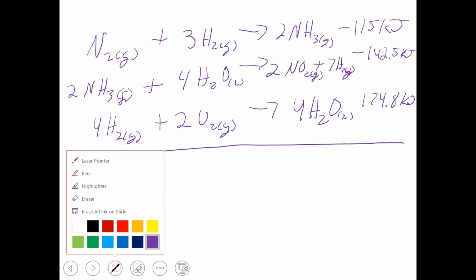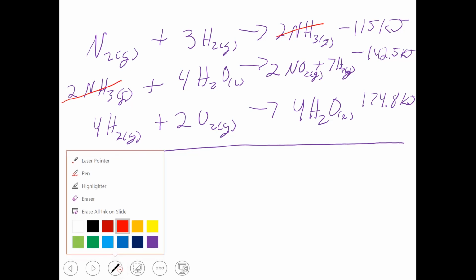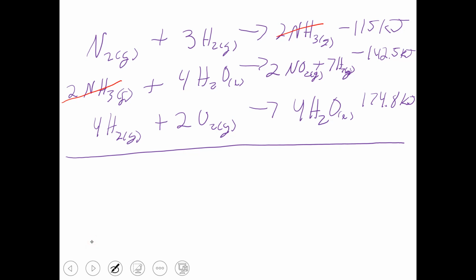So we can go through and cancel out everything that cancels out. So we have 2NH3 cancels with 2NH3. And let's see, 3 plus 4 is 7, and we have 7 H2s over here. So that cancels out. The 4 H2Os cancel with the 4 H2Os.